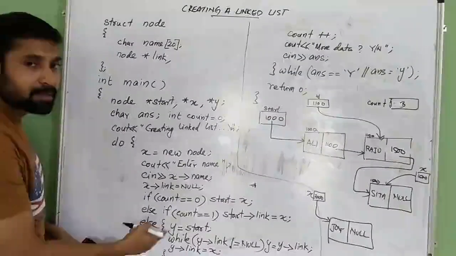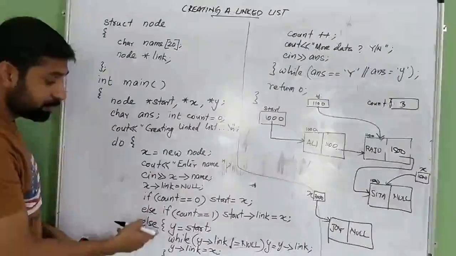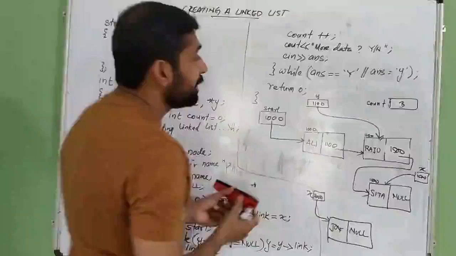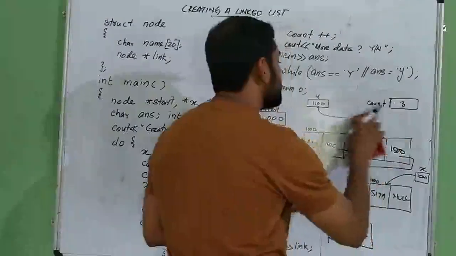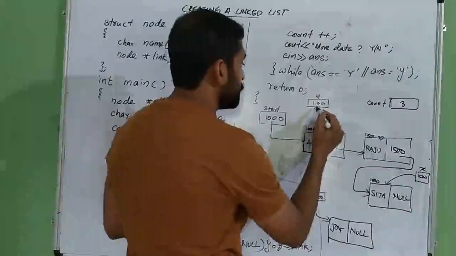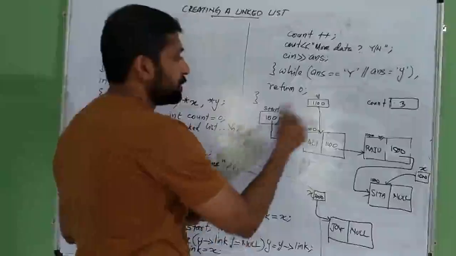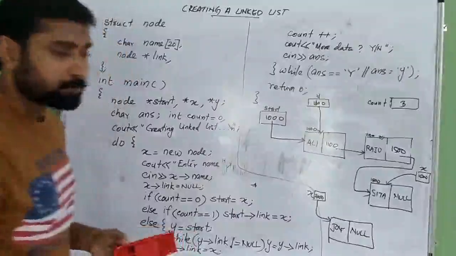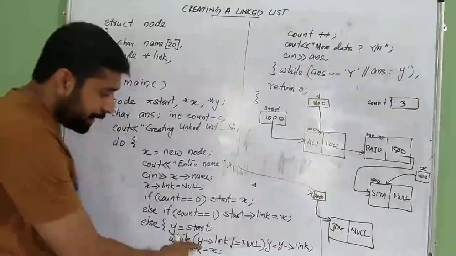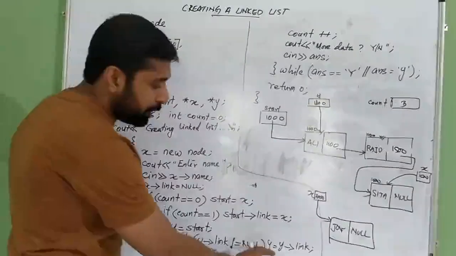Else, more than 0 and 1, y equal to start. Again this y is reset to this point, y equal to start. So this is 1000. Now while y dot link not equal to null, y equal to y dot link.